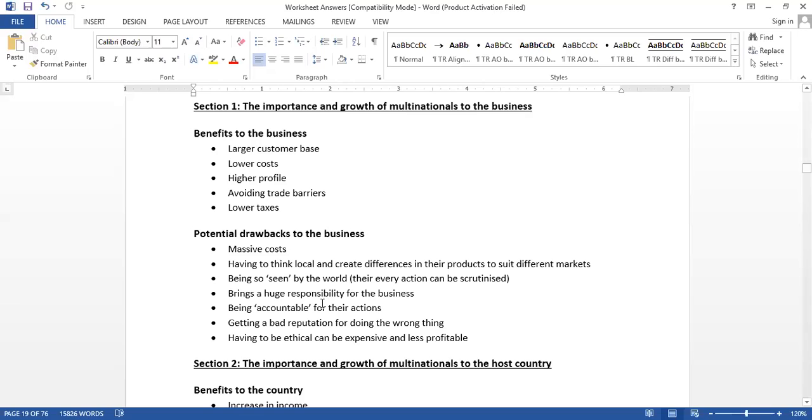And it brings a huge responsibility for the business, because a multinational company operates across the world, in many countries, and you are responsible for a lot of people, their market share, millions of people purchasing their products. So it's a huge accountability, and being accountable for the actions, and getting a bad reputation for doing the wrong things.